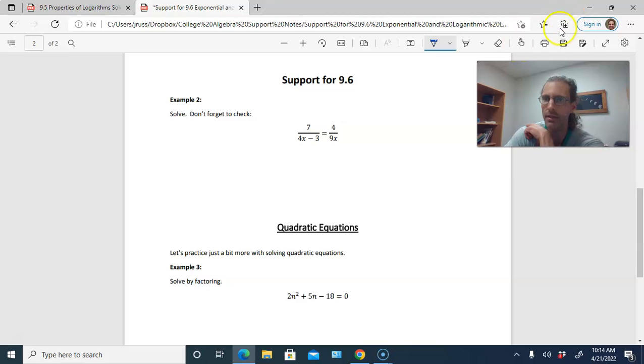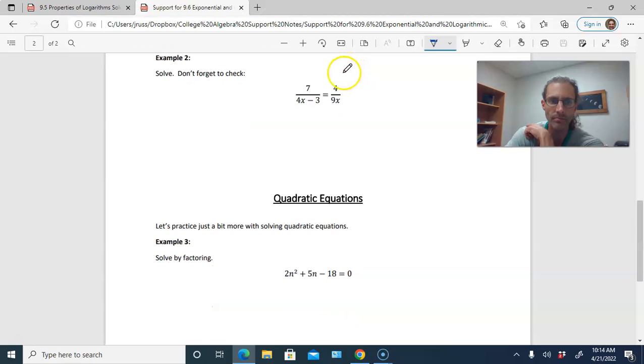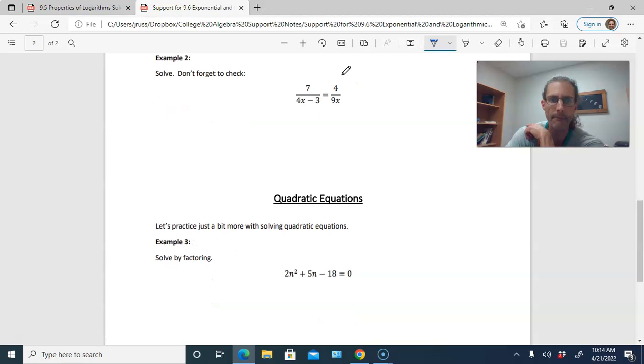All right, let's look at another one, very similar. This is example 2. Here, these denominators are both distinct as well, and you'll see that a lot in this chapter. You've got a binomial, and then over here you've got a monomial.